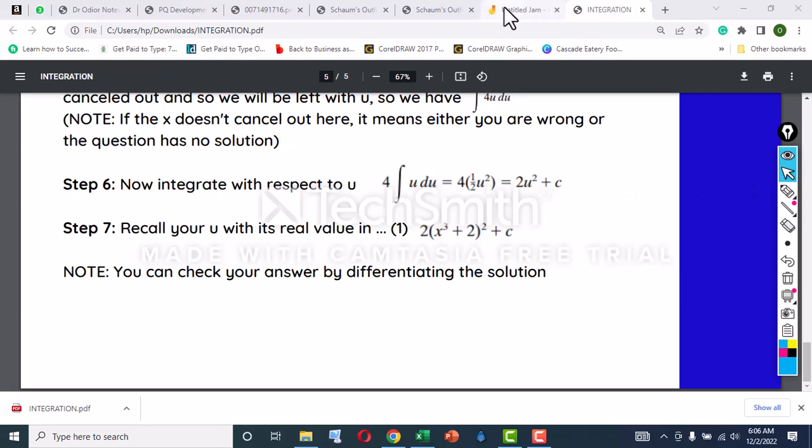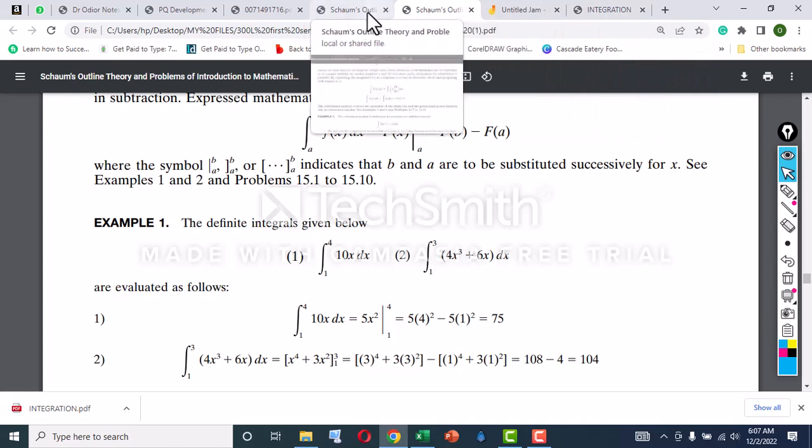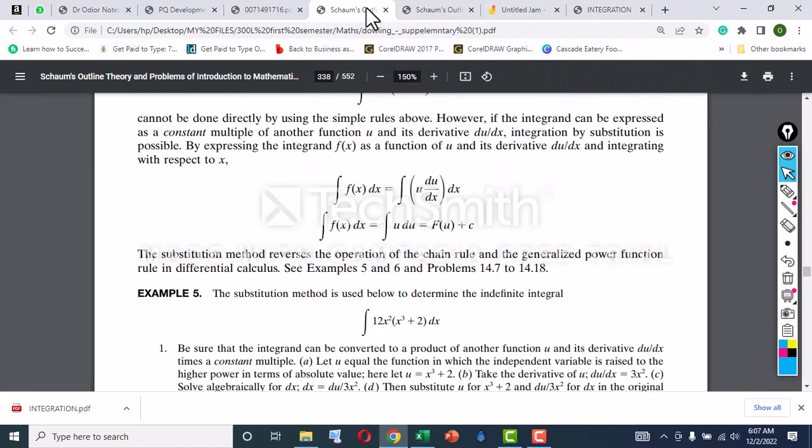I'm not going to do any other example because of time. So you can watch the video over and over again for you to be able to get which part you are actually missing. This is already a 41-minute video and this video must not enter 1 hour. So we want to quickly go to the next thing, which is definite integration.